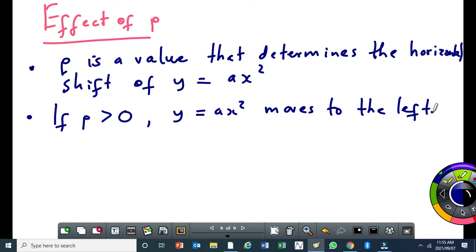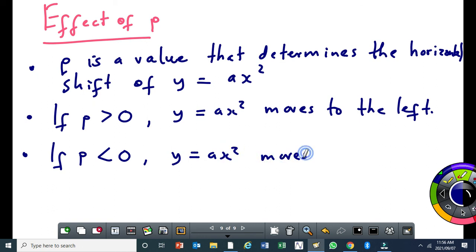Okay? And then if p is negative, y equals ax squared moves to the right. Always remember that it is the opposite of what you think when it comes to horizontal shift.